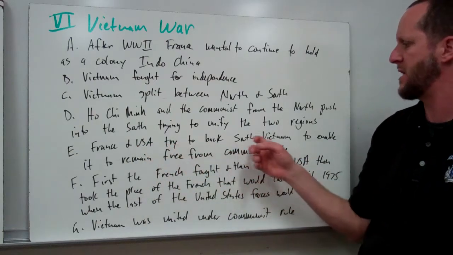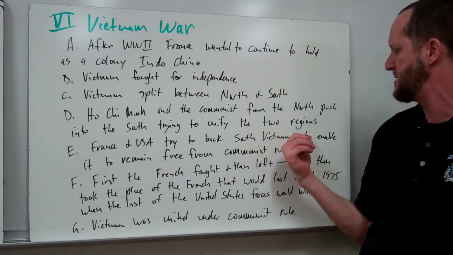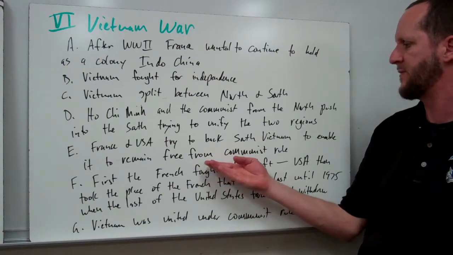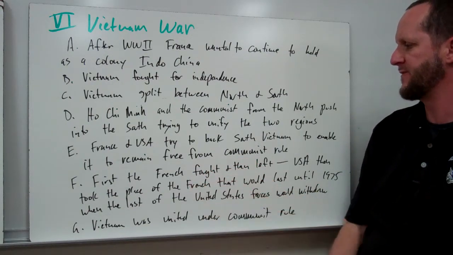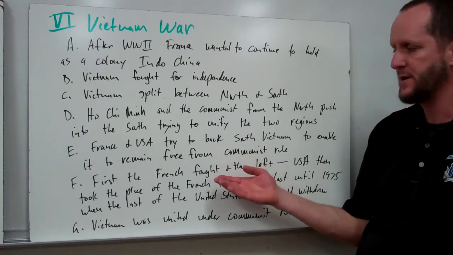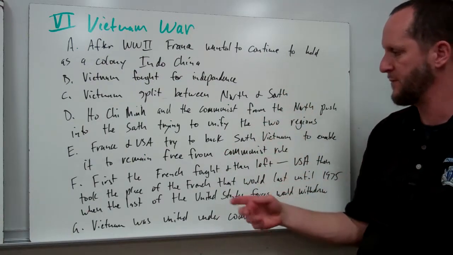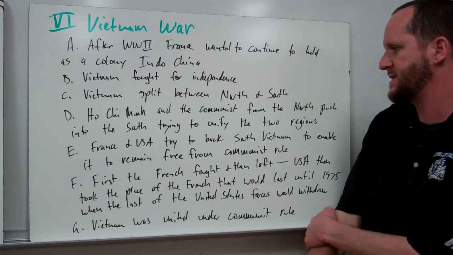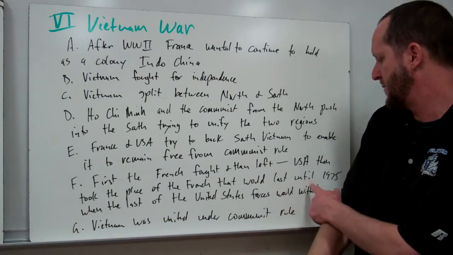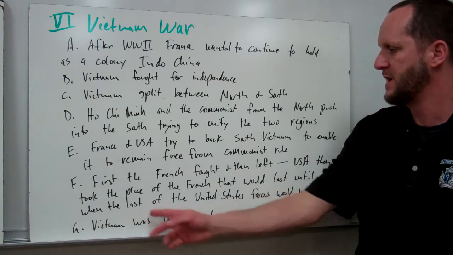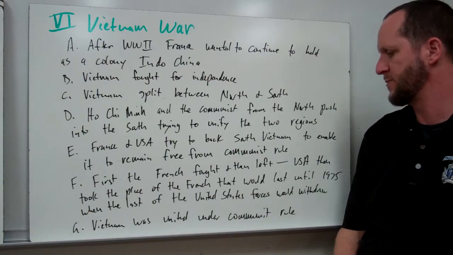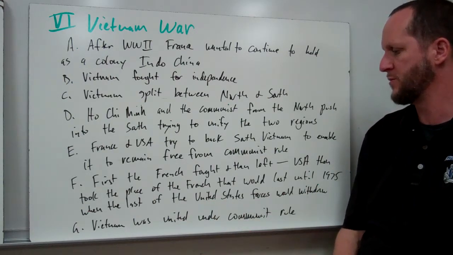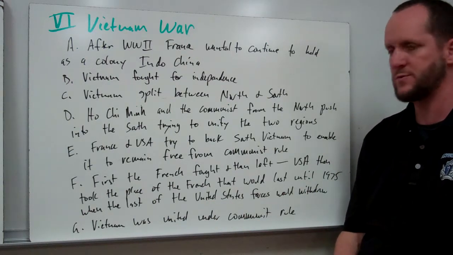France and the United States tried to back the South Vietnamese to enable it to remain free from communist rule. First the French fought and then left, since it was their colony from the old days. The United States then took the place of the French. That would last until 1975, when the last of the United States forces would withdraw, and Vietnam was then united under communist rule.